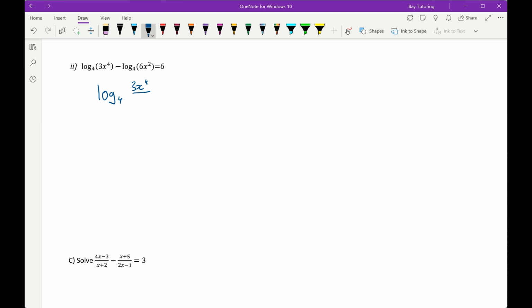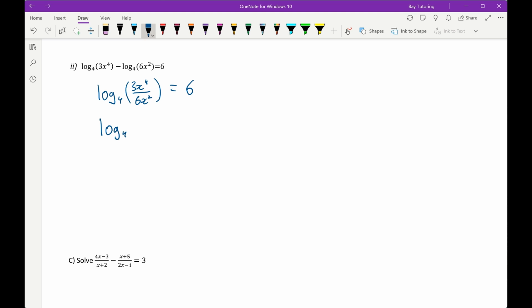So 3x to the power of 4 over 6x squared. I'm writing it this time because it's just a little bit more complicated than the previous one. If in doubt, it's always best to write things out, to take it one step at a time. So we'll simplify that now. 3 divided by 6 would be 1/2.